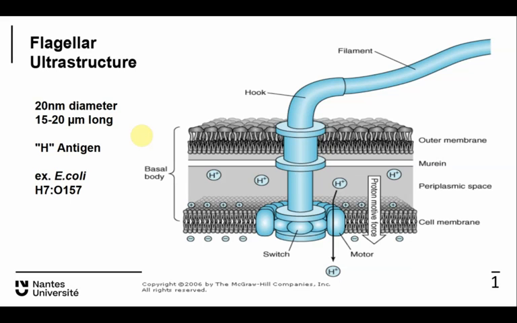So H is for heat sensitive because unlike the O antigens, LPS, and the K antigens, the capsule, the H antigen, the flagellum, is made out of protein. So when you heat the protein, the antigens are denatured, antibodies don't react anymore. So if you see something like this, E. coli H7O157, H7 is the serotype of the flagellum. And O, that's the serotype of the LPS. Okay.